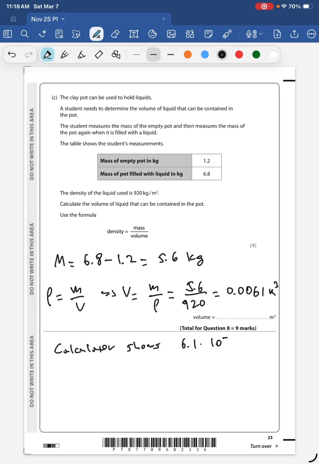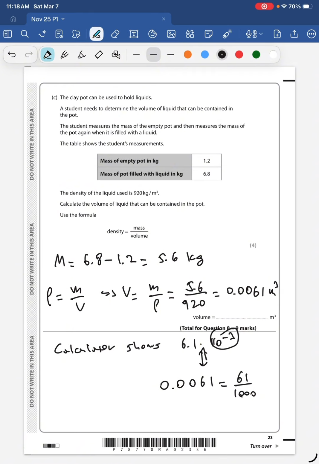This means this is equivalent to 3 zeros. So 1, 2, 3, and then we put the dot there, and then 61. So this is equivalent to 61 over 1000, pretty much.